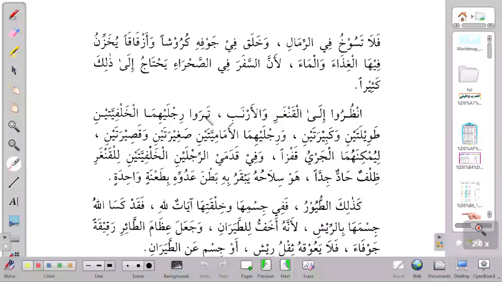Arnabun is the rabbit. تروا رجليهما الخلفيتين طويلتين وكبيرتين, you will see the two back legs, طويلتين, long, وكبيرتين, and big. ورجليهما الأمامتين صغيرتين وقصيرتين, and then the two front legs, صغيرتين وقصيرتين, they are small and then they are short. ليمكنهما الجرء قفزا, to enable it to run in a jumping manner.